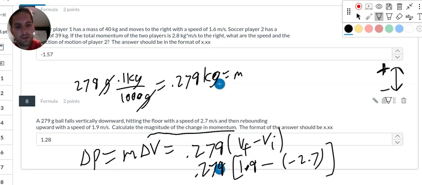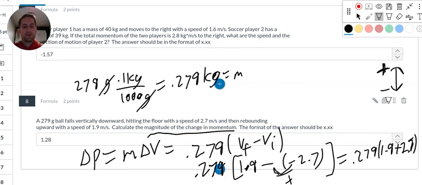Negative, negative, positive. So these two will make a positive number. So I add those, and I should get 0.279 times 1.9 plus 2.7. Multiply that together, I'll get 1.2834. Looks like it. I want 2 decimals again, so there's a 3 in the third decimal spot. Ignore all that, and that is my answer right there.